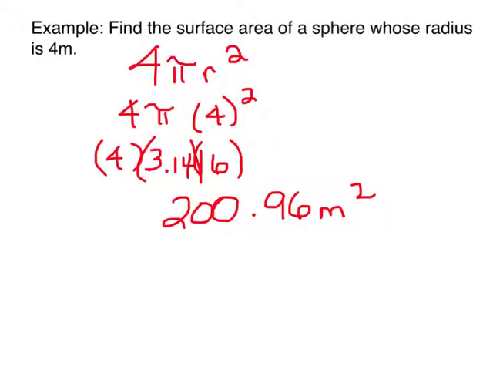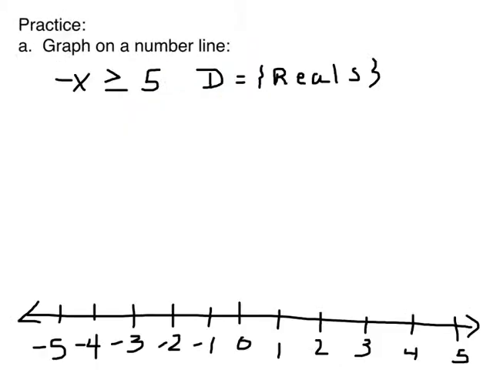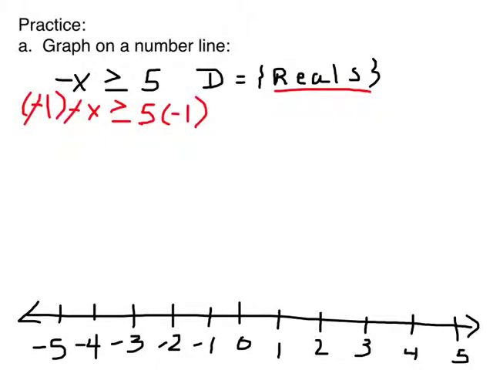Okay, so let's go ahead and do our practice problems for this lesson. Graph on a number line, negative x is greater than or equal to 5, and our domain is real numbers. We're going to have to multiply both sides by -1. Here I've gotten rid of my negatives, made it positive.